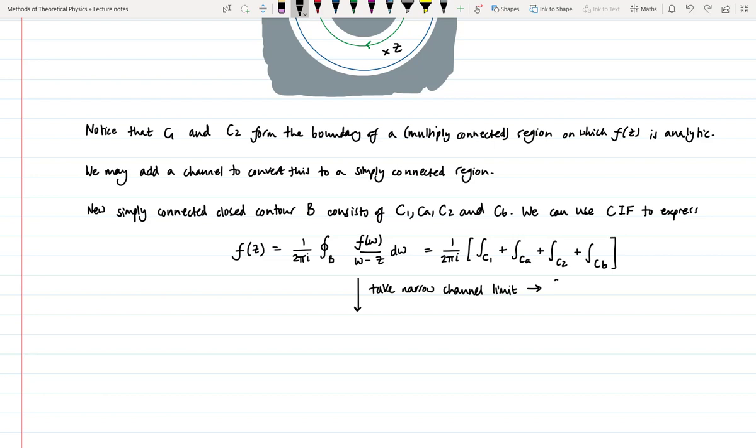That means that the contribution along CA and the contribution along CB cancel. We're therefore left with 1 over 2 pi i, the integral along the closed contour C1 of our integrand f of w over w minus z dw.